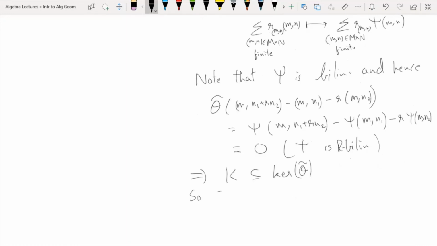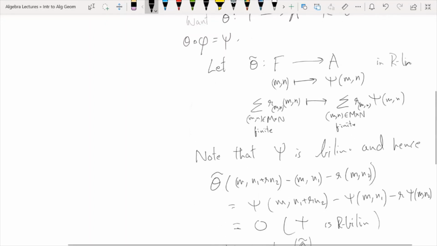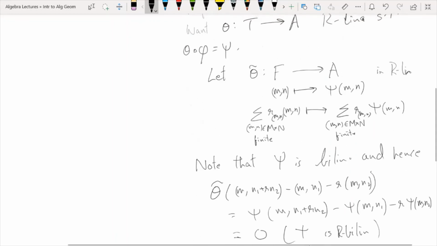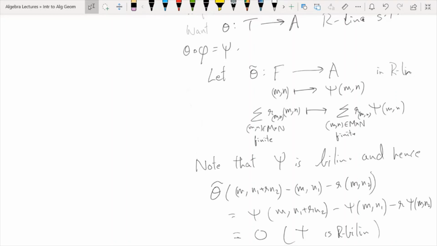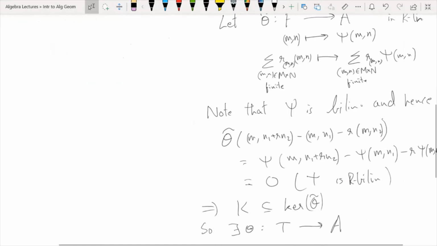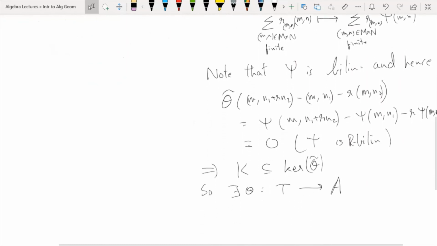So you get a map. So there exists a map. So theta tilde by the first isomorphism theorem, the kernel of theta tilde contains K. So there exists a map from T to A, which we call theta, such that this has the property that this diagram will commute.